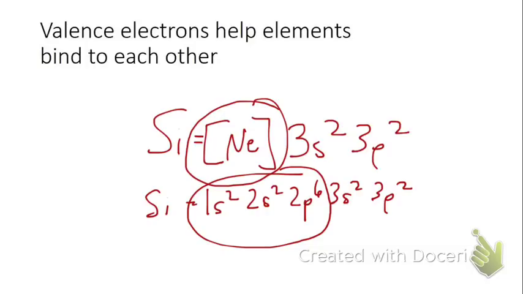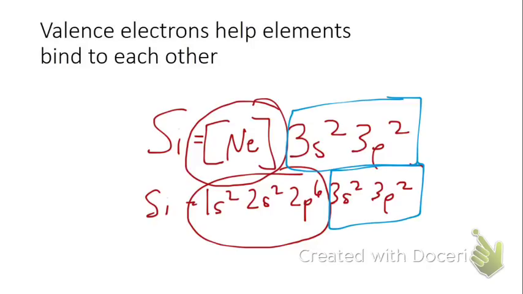They're held tightly, and they're usually not let go. These electrons, let's change colors, let's do blue, are known as valence electrons. Valence electrons are free to be removed, free to be shared during bonding.